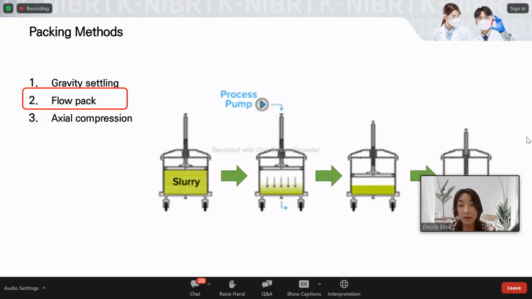Once the slurry begins to settle by gravity and you see a 2 to 3 centimeter layer of clear liquid on top, next, secure the column with the top adapter. Then apply downflow buffer to help pack the bed. Then lower the adapter to the correct bed height, like this.